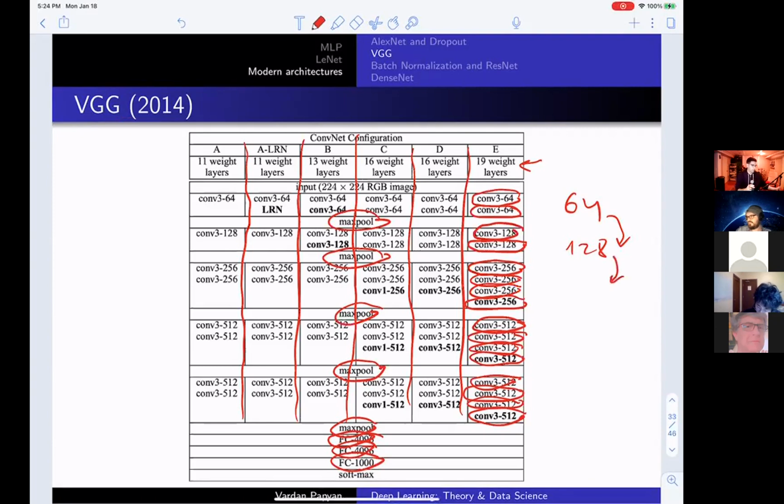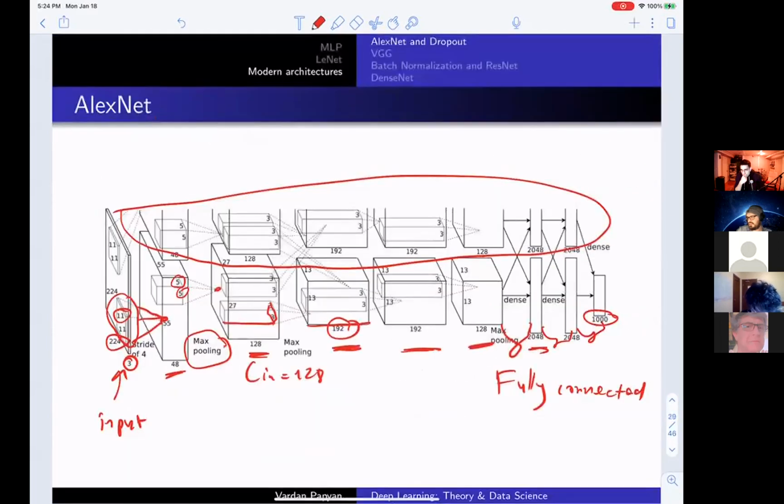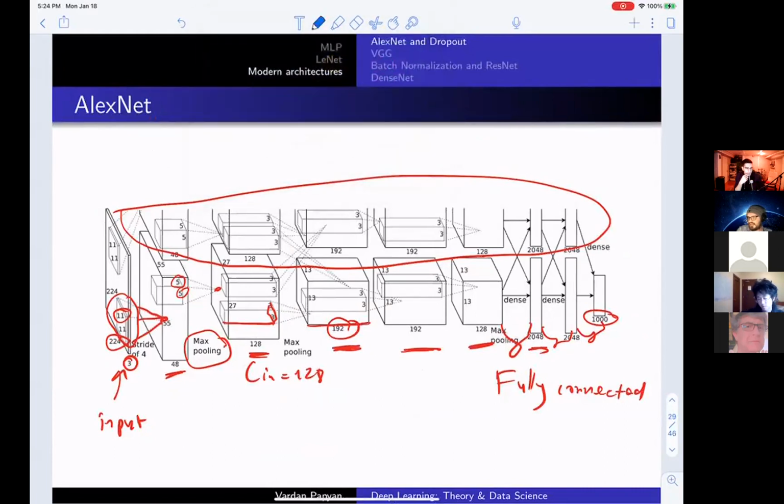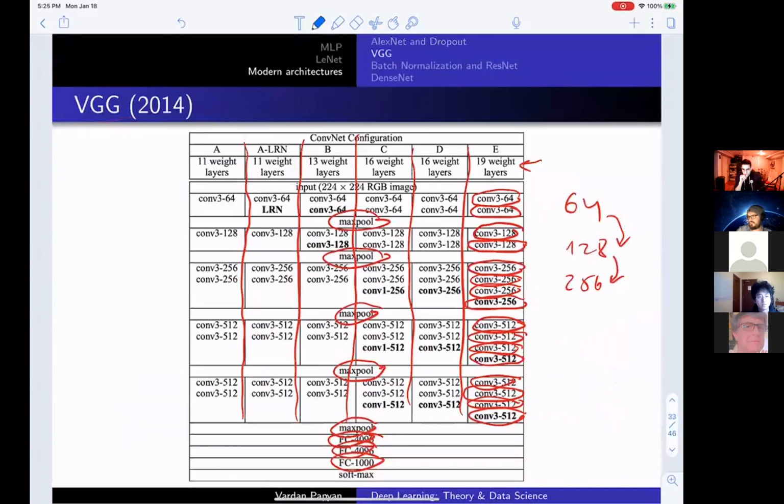So it's 64, 128, 256. So conv3, I believe, means convolution of a 3x3 filter. So if you look at the AlexNet architecture, you can see how first the filter size is 11 by 11, for example. Then it's 5 by 5. Then it's 3 by 3, 3 by 3, 3 by 3, right? So in VGG, they just said, let's have 3 by 3 always.